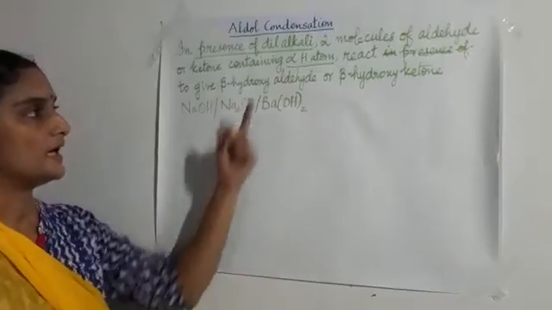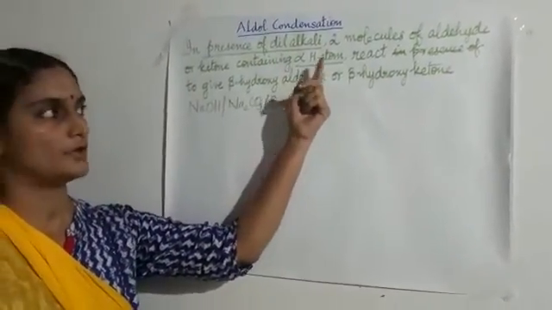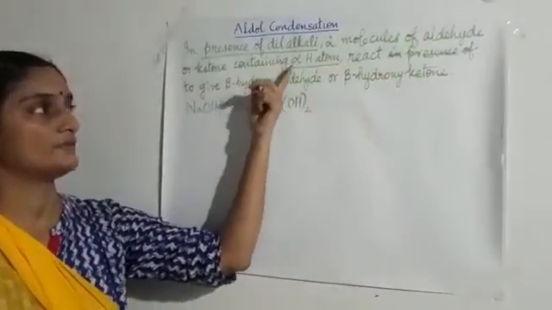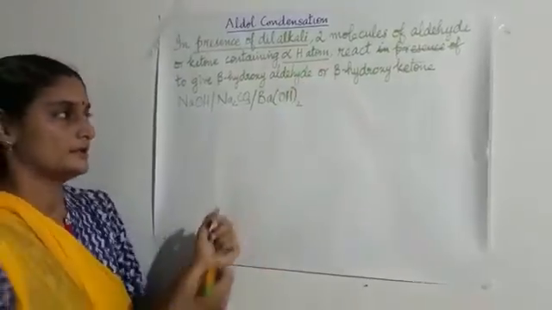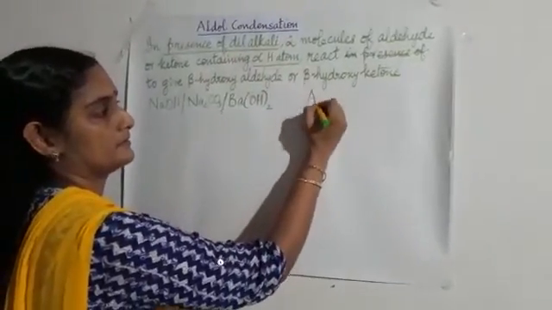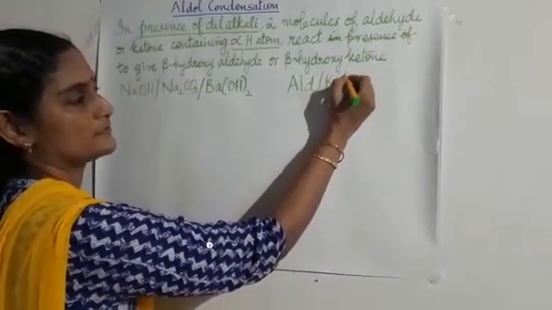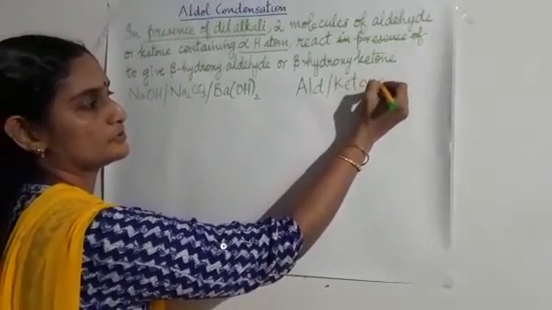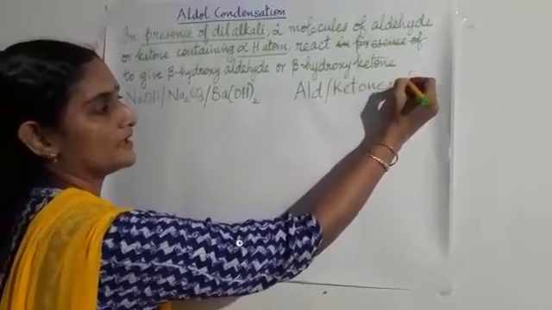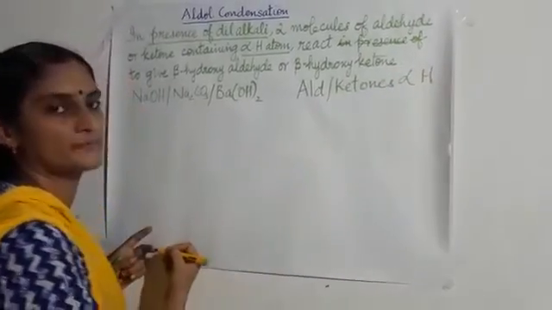Now what is alpha hydrogen atom or aldehydes with alpha hydrogen atom? This reaction is for aldehydes and ketones with alpha hydrogen.